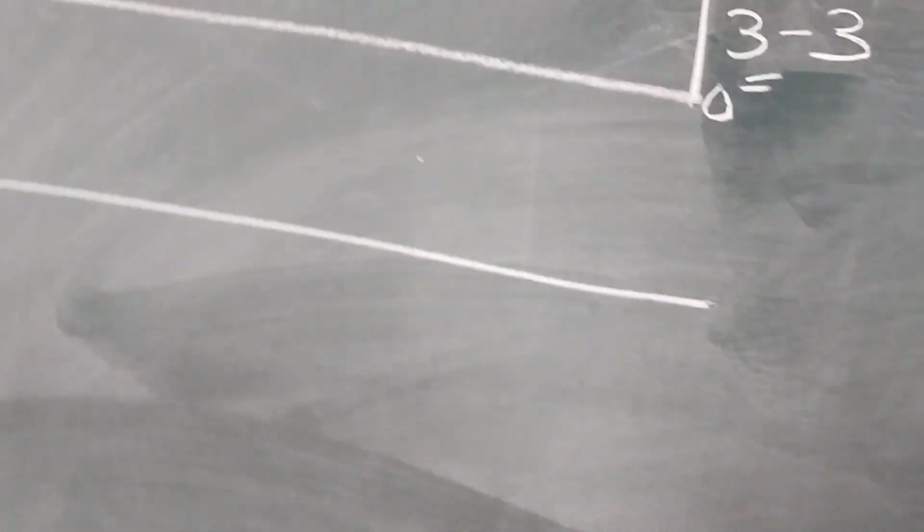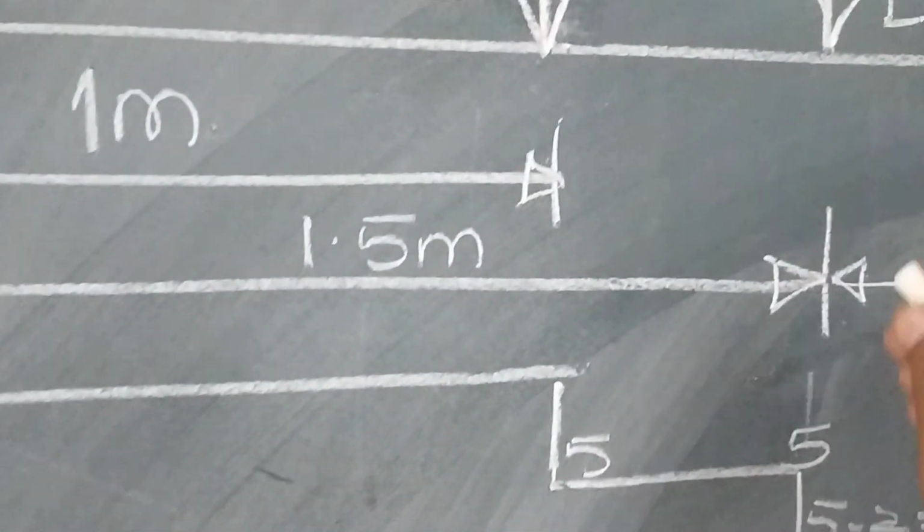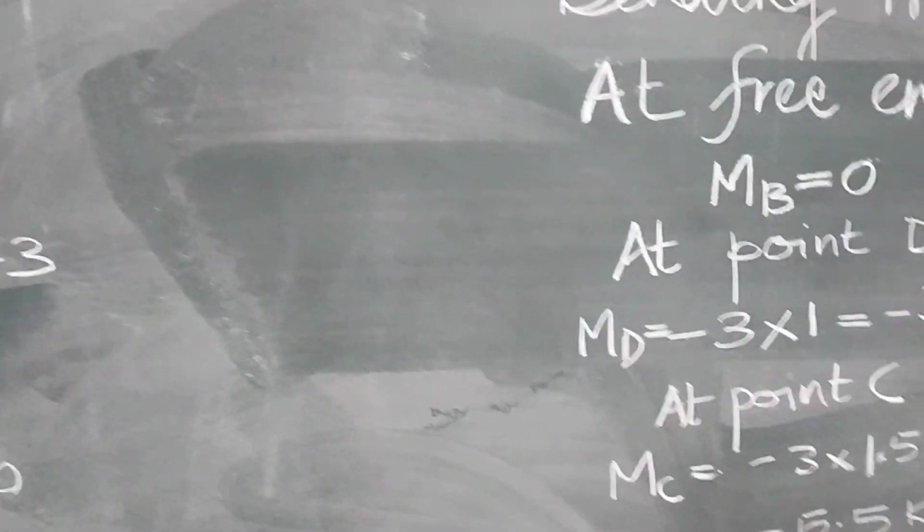part of x-axis. So let us start. Locate this at free end 0. At point D, let us take faint line projections of C and D. A we have already taken. So at free end B it is 0.